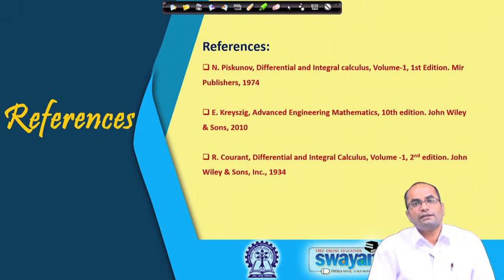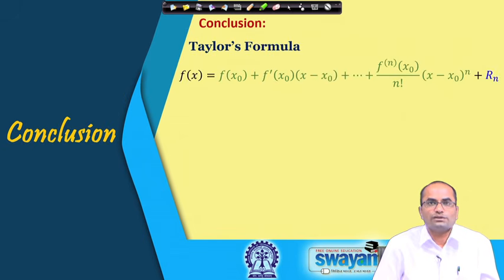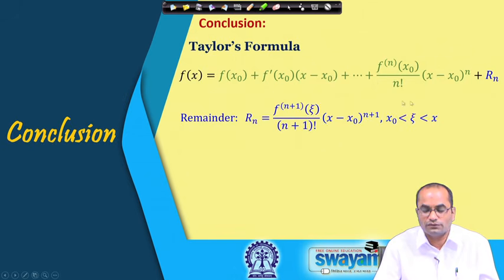So, these are the references which were used for preparing these lectures, and the conclusions. What we have learned today is Taylor's formula, a very important topic in differential calculus. A function which is smooth enough, we can write as f(x0), plus f'(x0)(x minus x0), and so on, plus this R_n(x) term, which is called the remainder term.